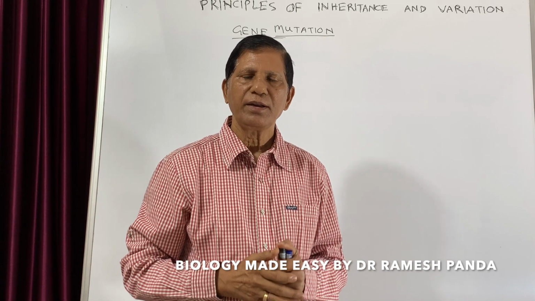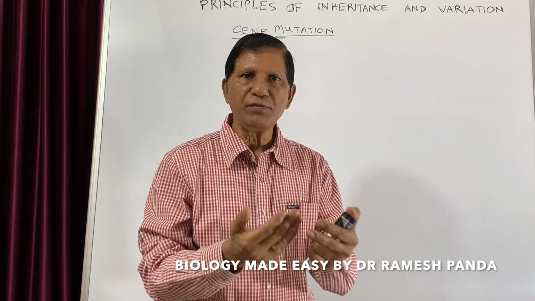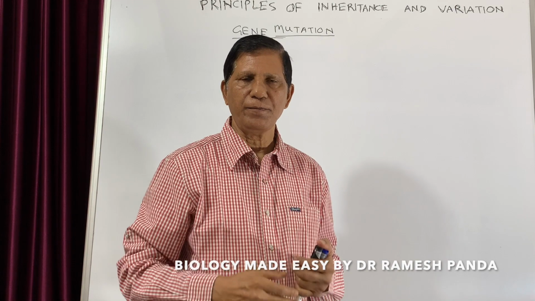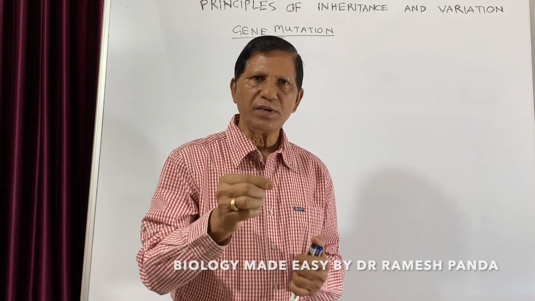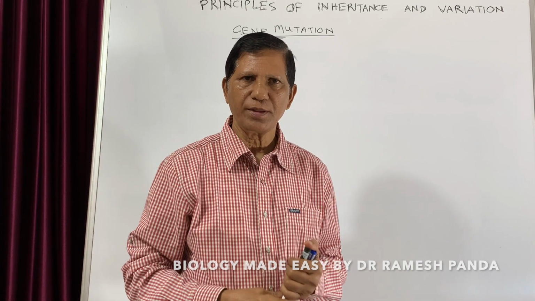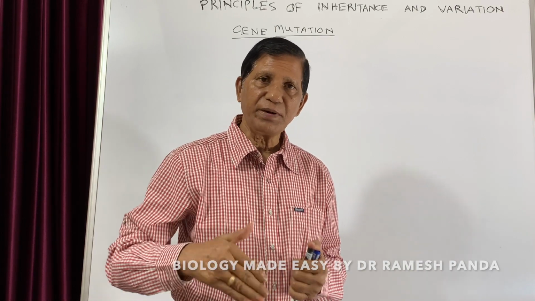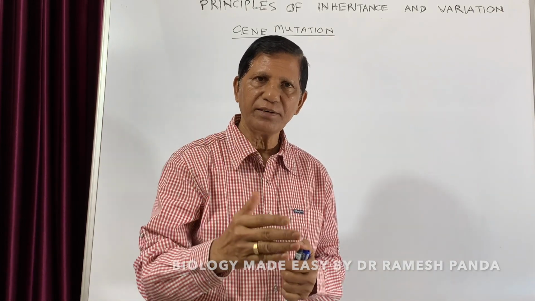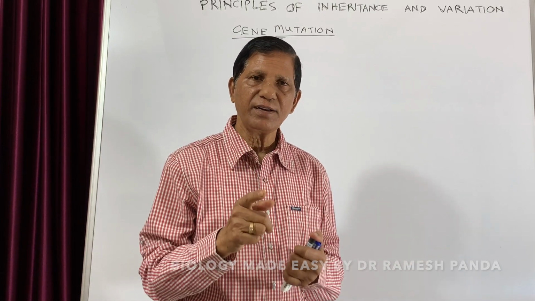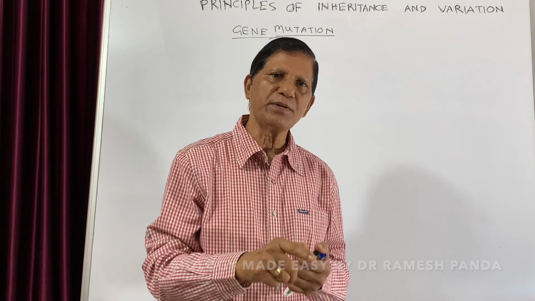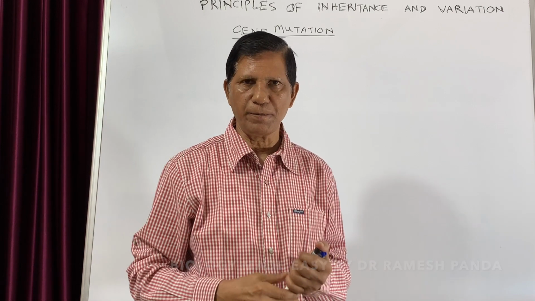But the gene mutation is not observable because it changes only a single base pair, but its effect is far-reaching, but we cannot see it. We can see it only when it is in a recessive condition and it expresses itself.